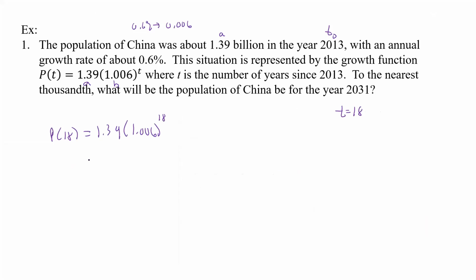And so that's going to be 1.548, and it's billion people. So putting our correct units on here is going to be key. It's 1.548 billion people, and we can even put a little bit more in 2031. So that would be how many people are going to be in 2031. All right, let's pause there and we'll come back for more.